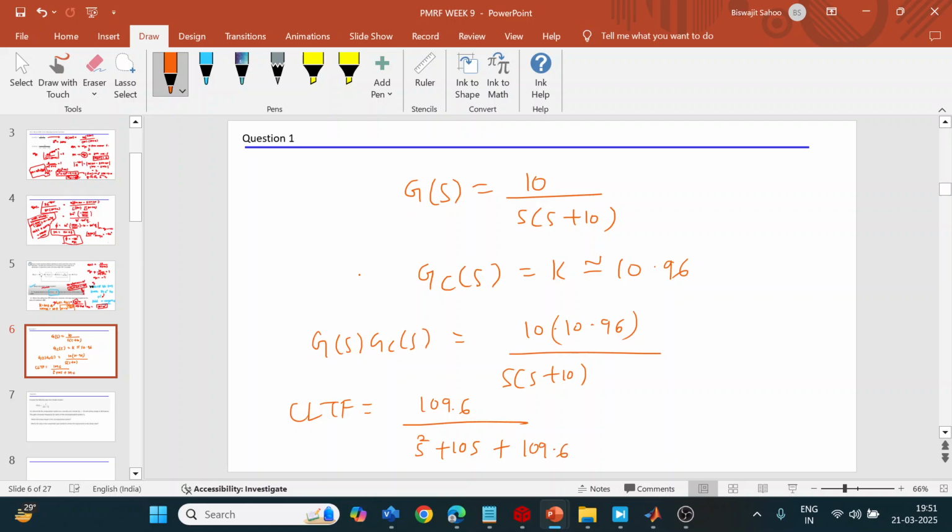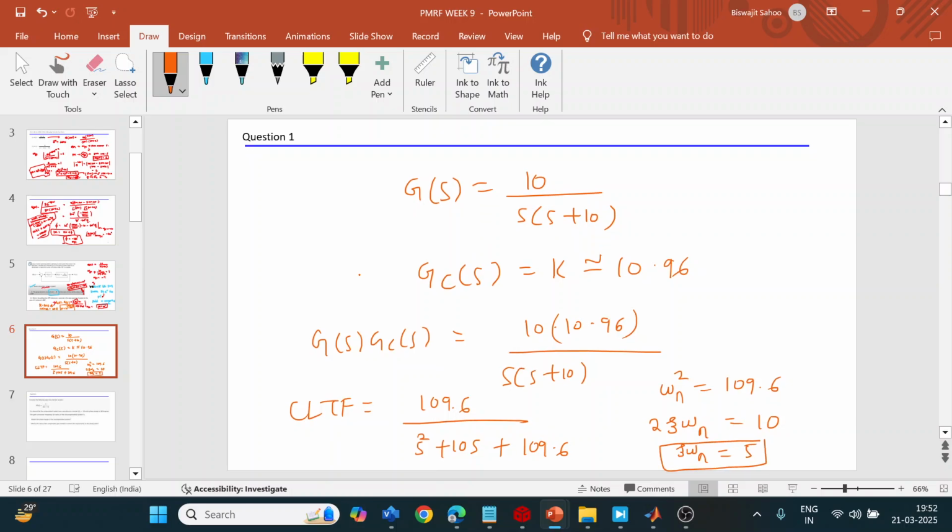109.6. So now you can see that your omega n square is 109.6, and your 2 zeta omega n is equal to 10. It means zeta omega n is equal to 5.